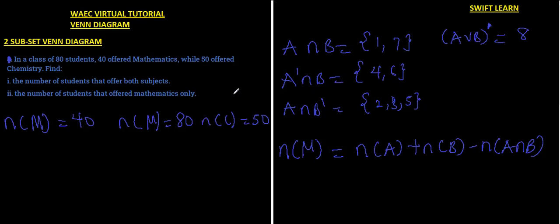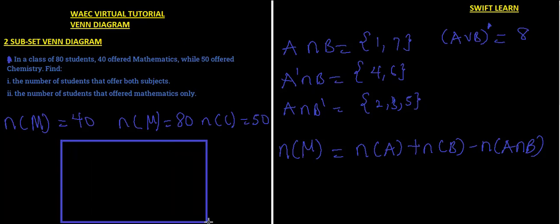No. The thing is that some people that offered chemistry are offering math, and some that are offering math are also offering chemistry. So your job is just to draw the Venn diagram first. Don't bother about that. So let's draw the Venn diagram. Alright.